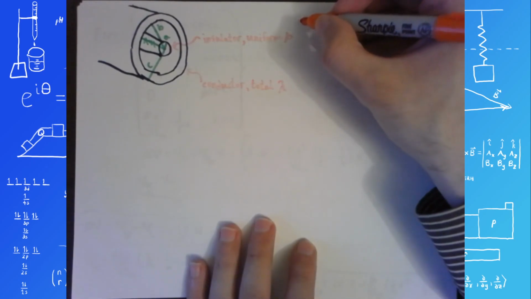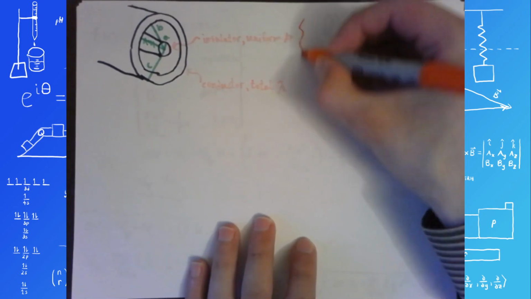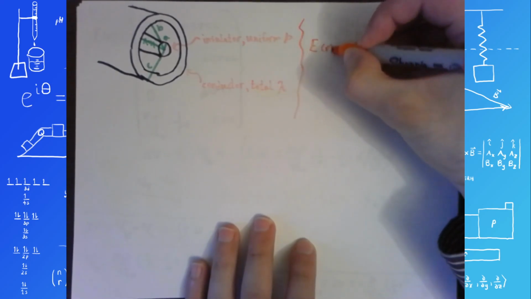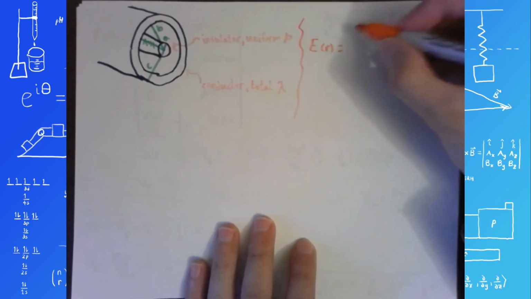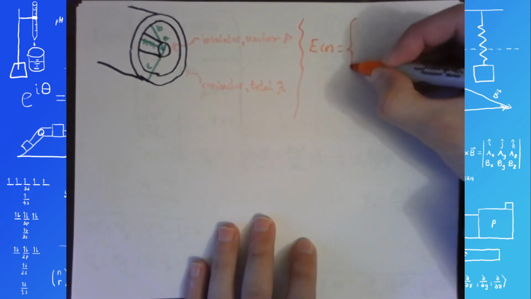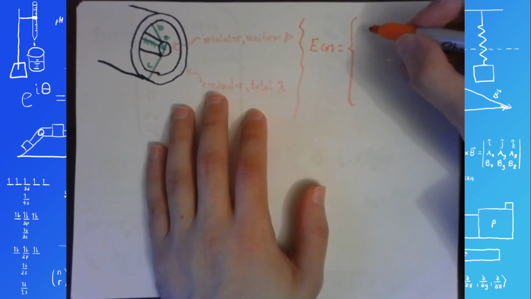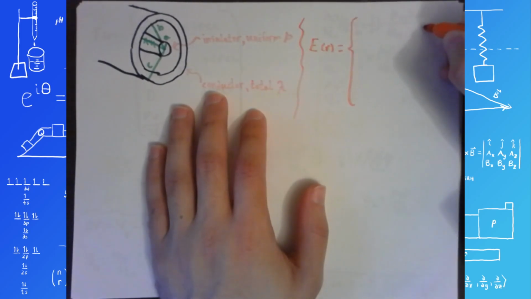So, electric field in all regions of interest. Electric field as a function of R, at least magnitude-wise. We've got R between 0 and A. Let me write that comma a little bit further to the left.